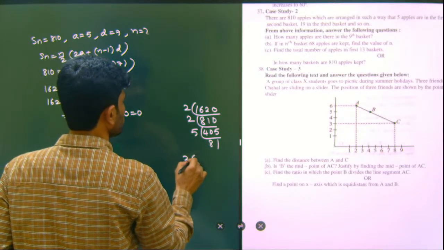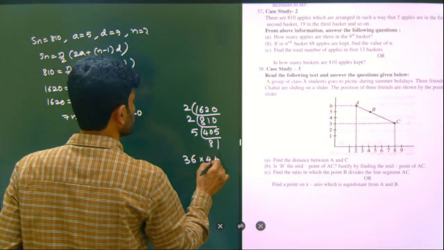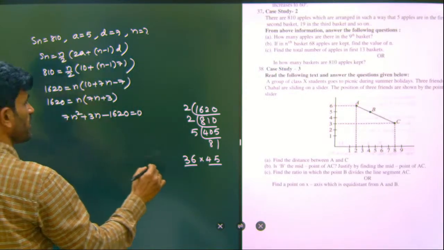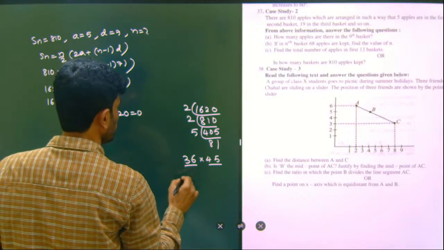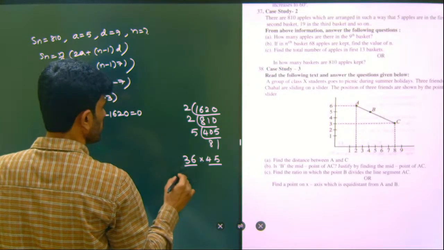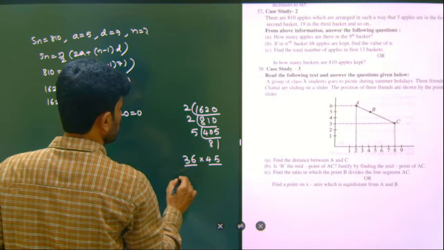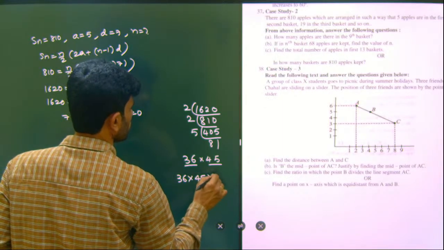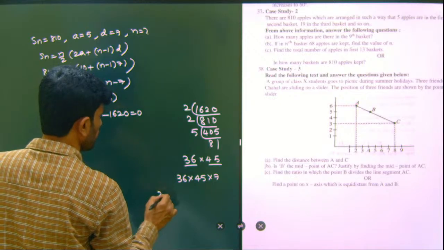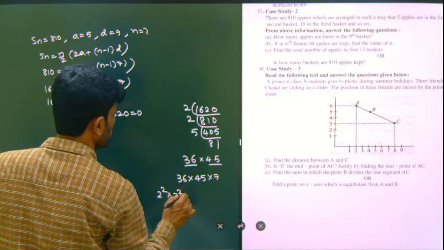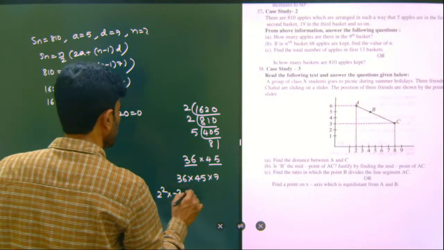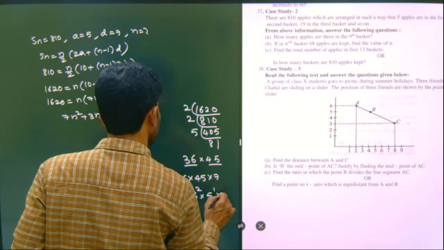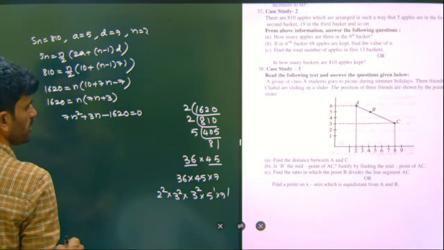Before we got 36 into 45 one set. In this we got 9. Here we have 7 also now. So 7 also we have to include in this. Then 36 into 45 into 7, which is nothing but 2 power 2 into 3 power 2 into 3 power 2 into 5 power 1 into 7 power 1. In this we have to take the combination.